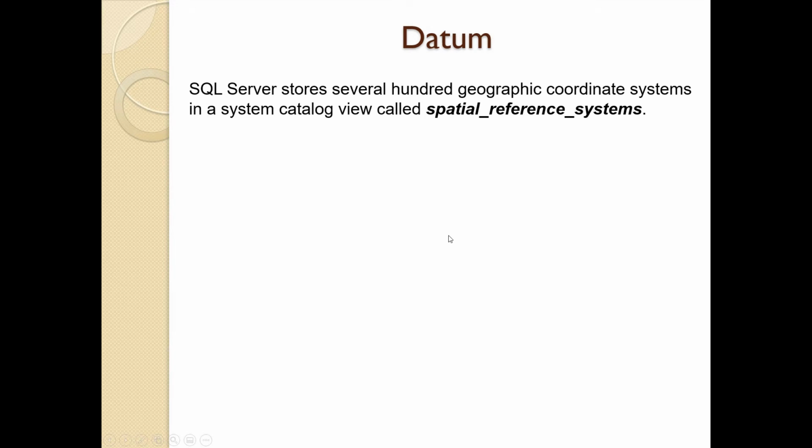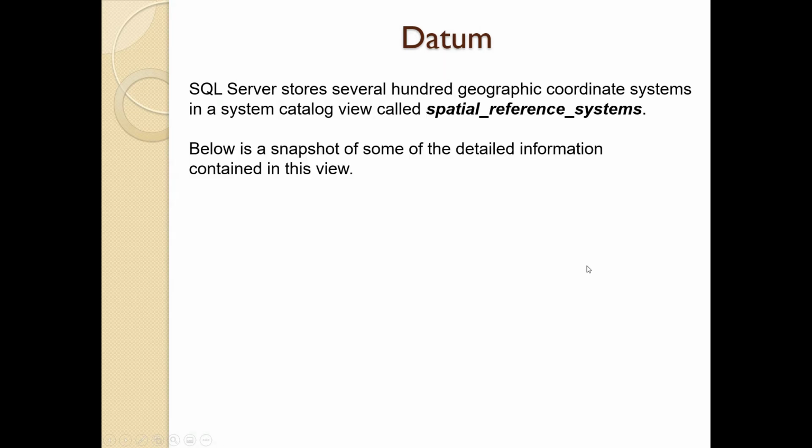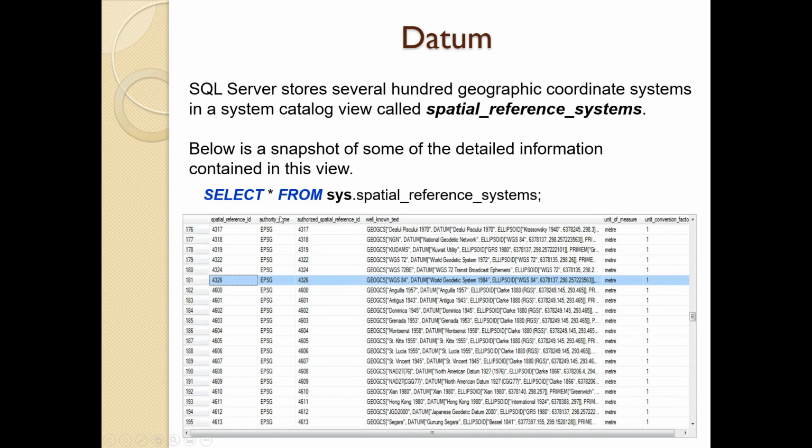So in SQL Server, there are many hundreds of geographic coordinate systems. And you can find these in a view called Spatial Reference System. When you run a select star from sys.spatial_reference_systems, you're going to see what I'm seeing here on the screen.